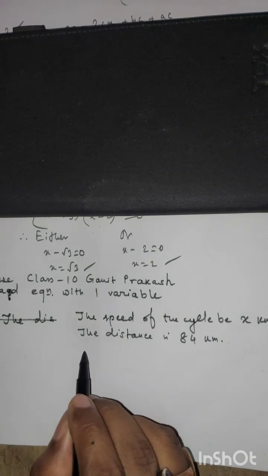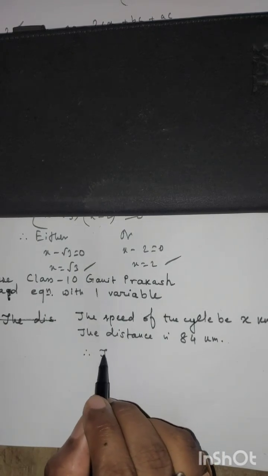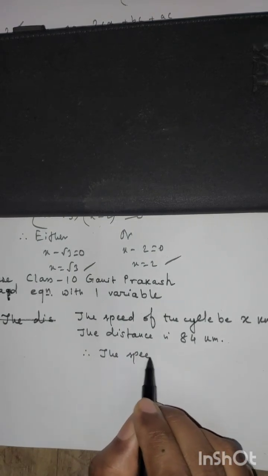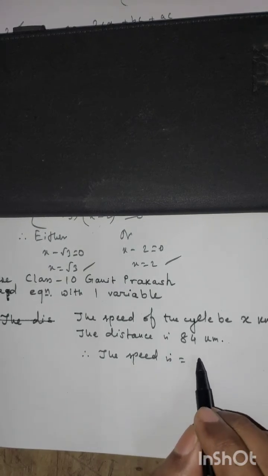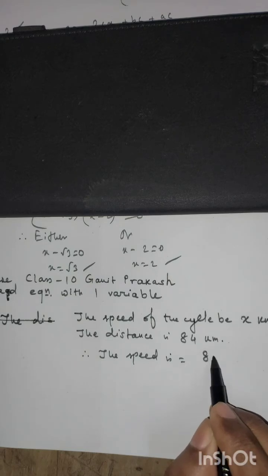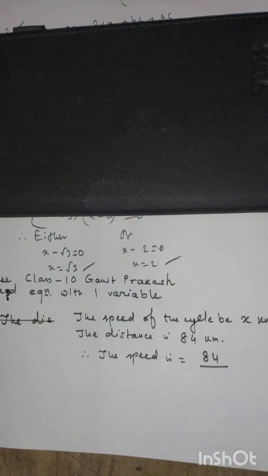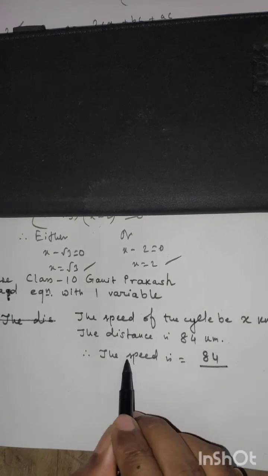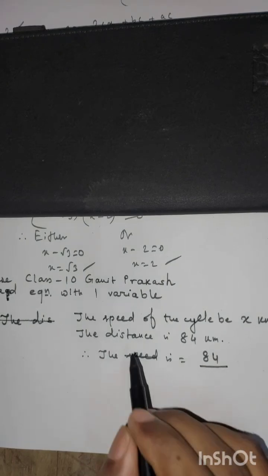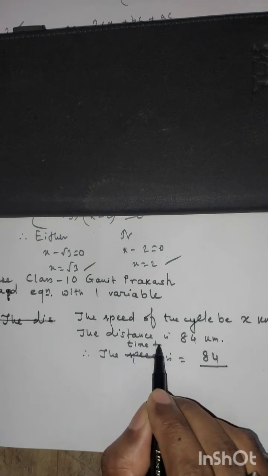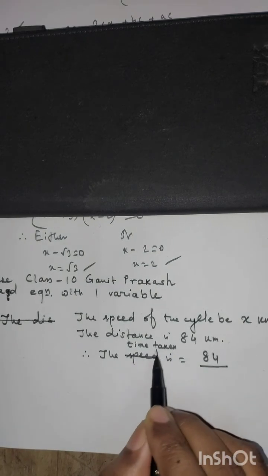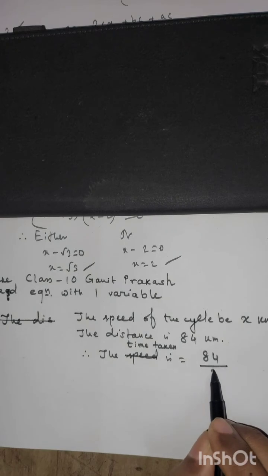Therefore, the speed is, we know speed equal to distance by the time taken, the time taken is 84 by x.